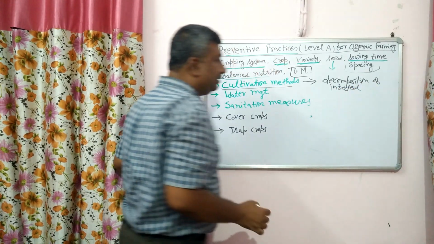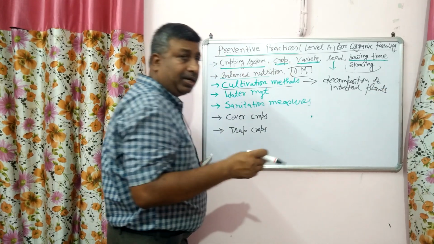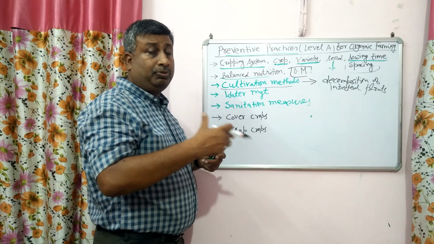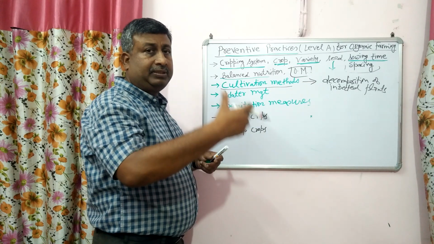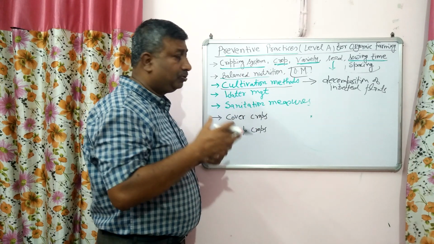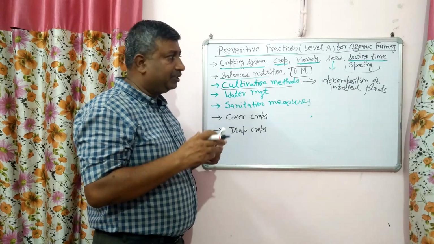So cultivation practices should be such that the infected plants in the soil are decomposed timely, so that they do not spread or carry insect eggs or pupae or pathogens to the next season. So tillage in such a way that decomposition is maintained, aeration is maintained.